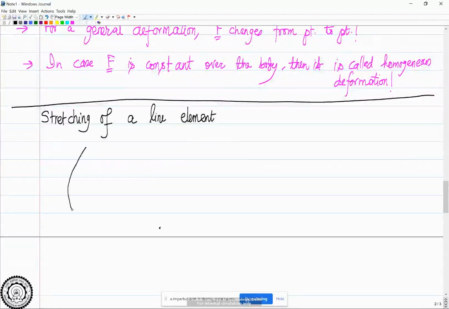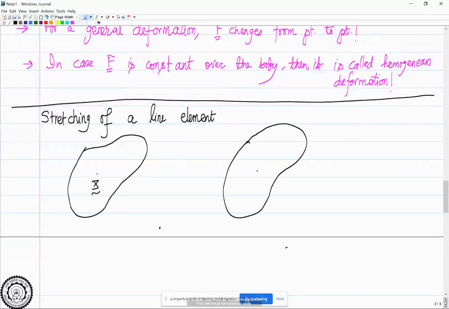So again, we have the two bodies, same body in reference and deformed configuration, and I'm at a point capital X, which goes to small x, and then I have a line element.